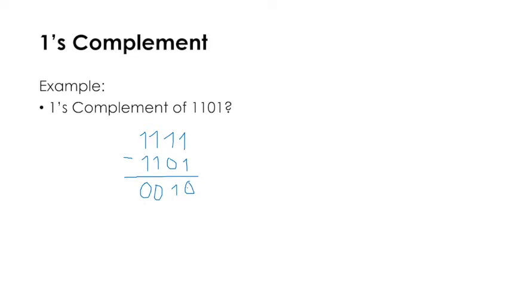So this is our ones complement. You can see if we invert the given number, 1 and 1 became 0, and 0 became 1, and 1 became 0. So this is our final answer.